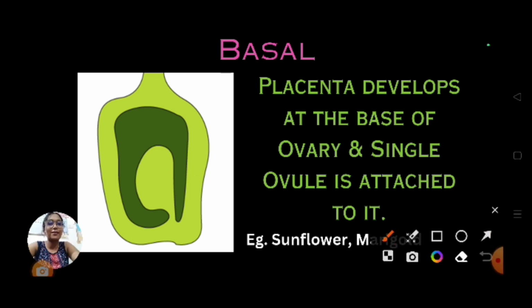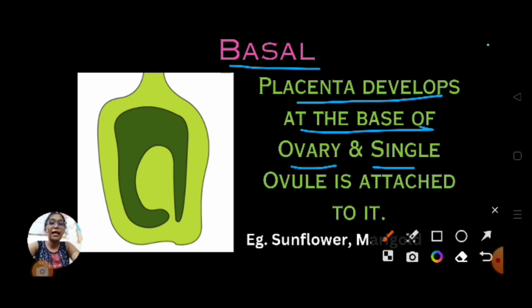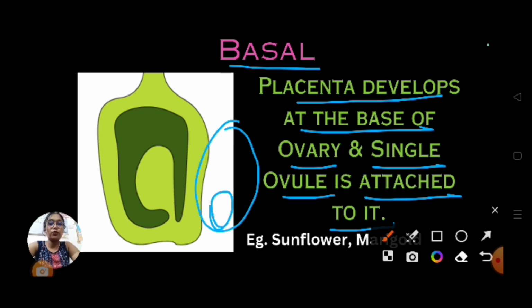Then let's go to the last type of placentation, that is the fifth type, the basal placentation, in which placenta develops at the base of the ovary and a single ovule is attached to it. Suppose this is the ovary, so the ovule will be attached to the base of the ovary and only one single ovule will be present.